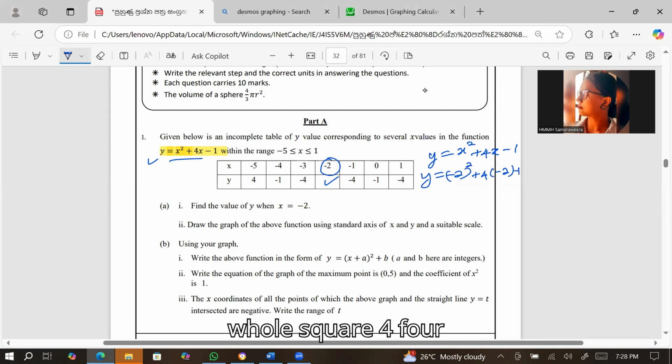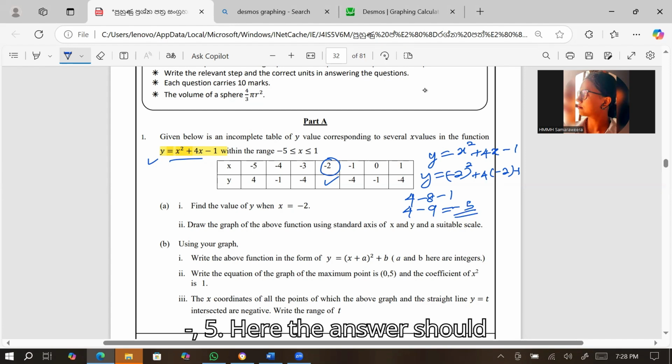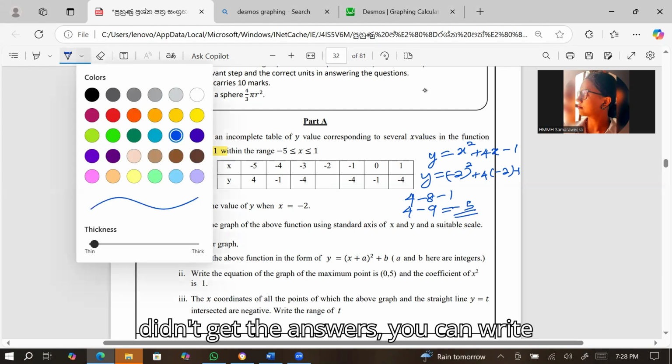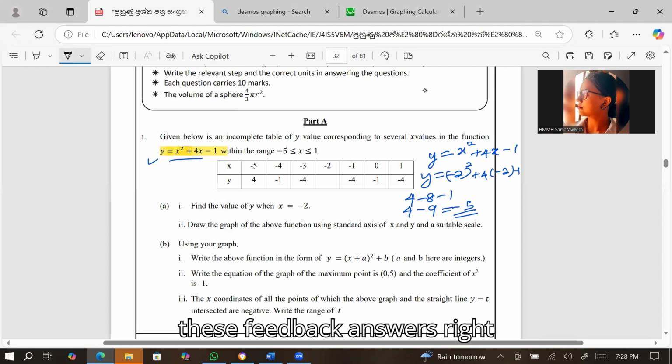Minus 2 whole square is 4. 4 times minus 2 is minus 8, minus 1. 4 minus 8 minus 1 is minus 5. Here the answer should be minus 5. If you didn't get the answers, you can write these feedback answers, right? Minus 5. Okay.